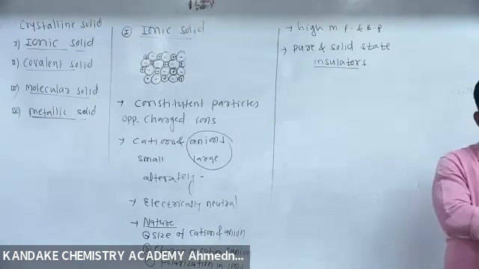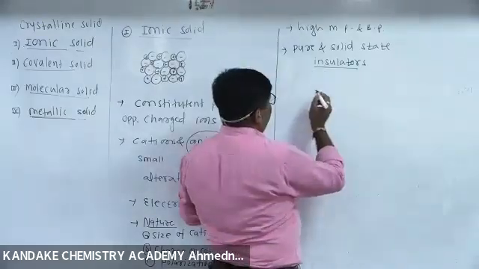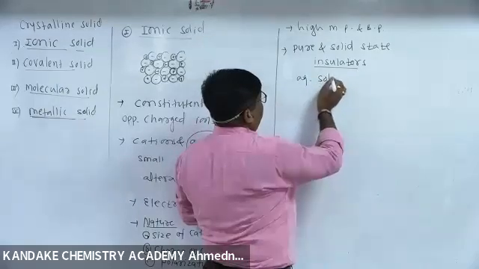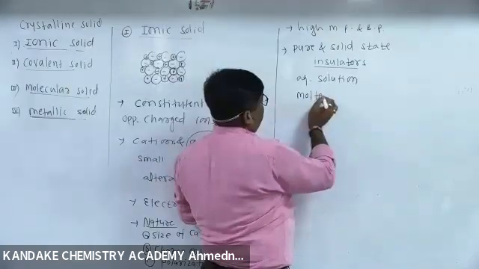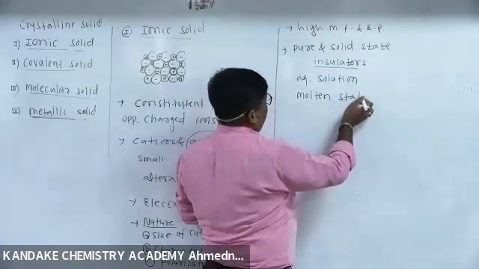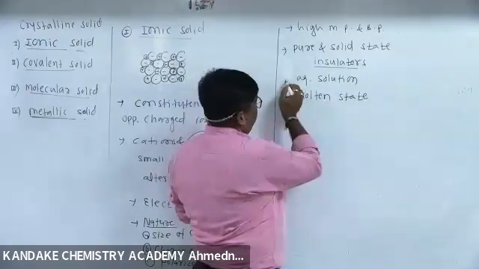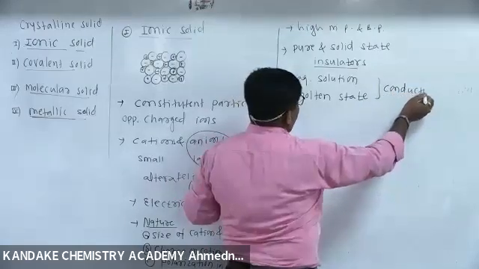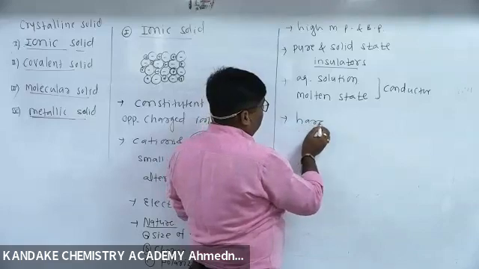So in pure and solid state they are insulators, but in aqueous solution or molten state, they become conductors. In aqueous solution or molten state, they become conductors, and this ionic solid is hard and brittle.